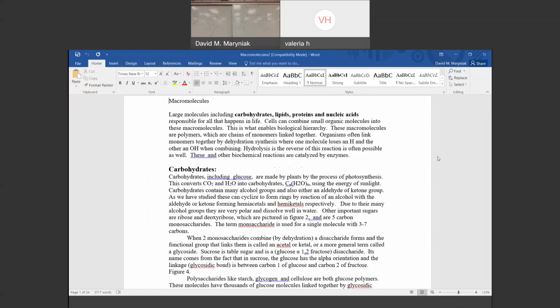The macromolecules will say macromolecules. Find it.